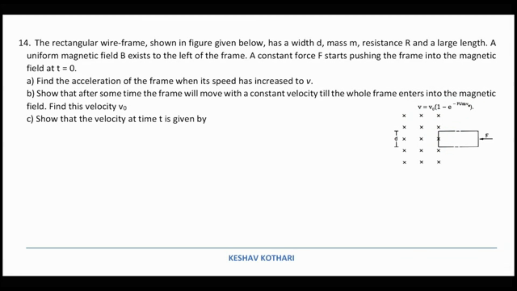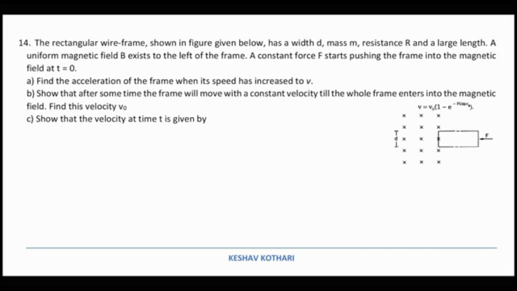So the next problem is stating a rectangular wire frame shown in the figure given below has a width d, mass m, resistance r and a large length. A uniform magnetic field B exists to the left of the frame. A constant force F starts pushing the frame into the magnetic field at t equals 0. Find the acceleration of the frame when its speed has increased to v.